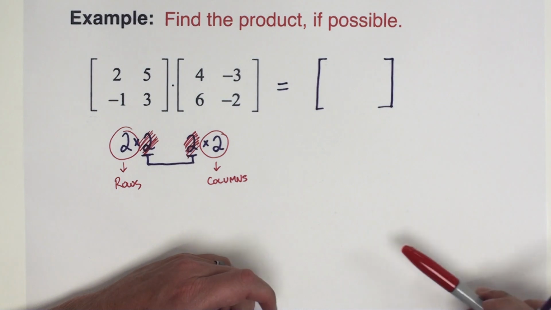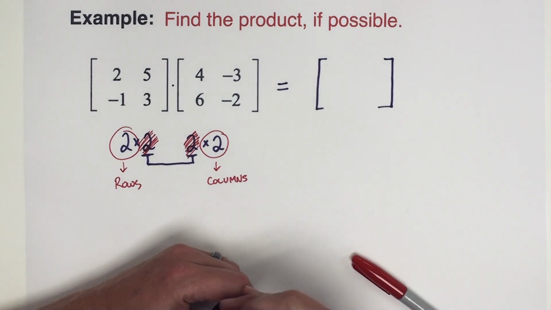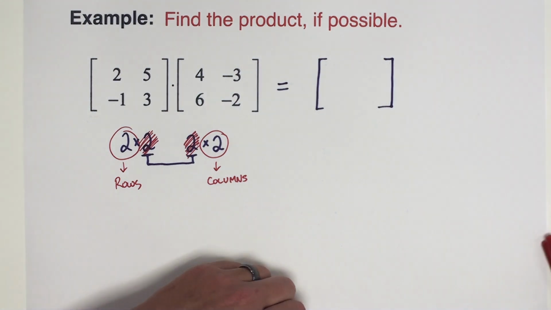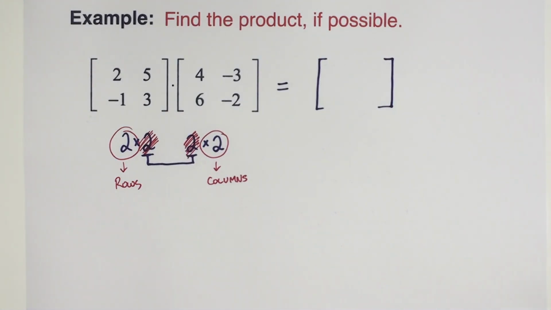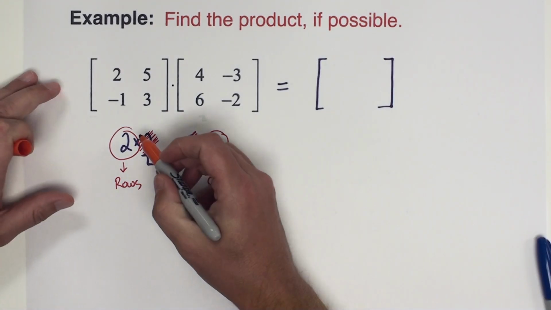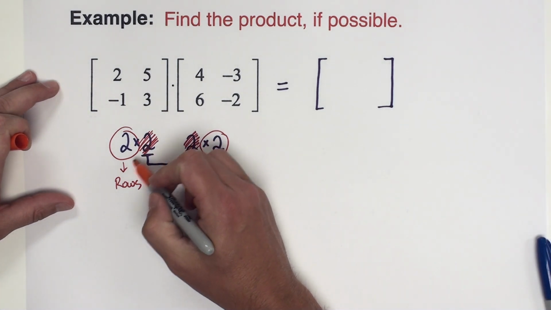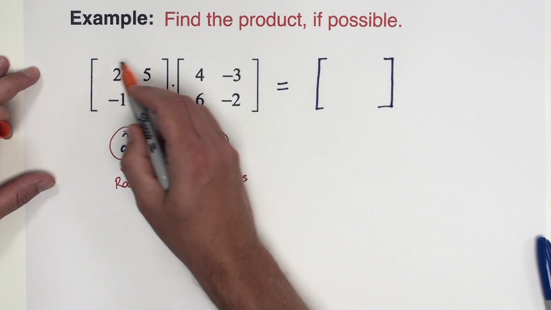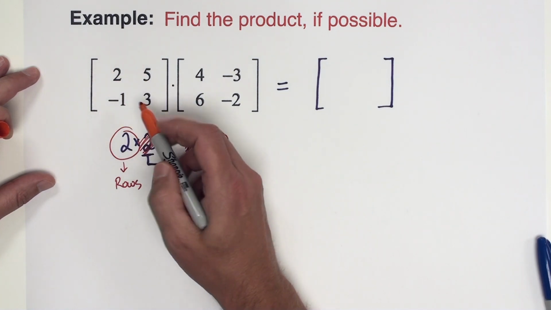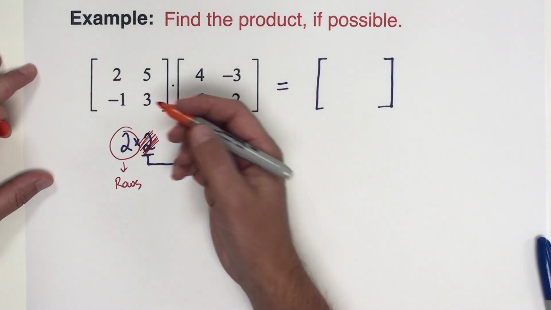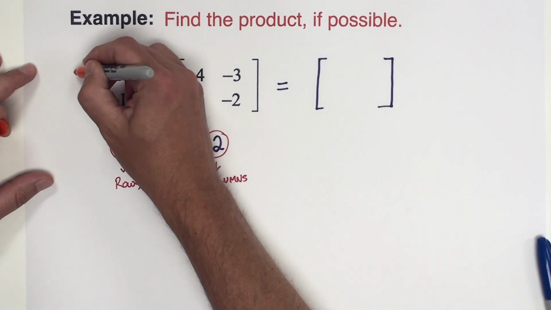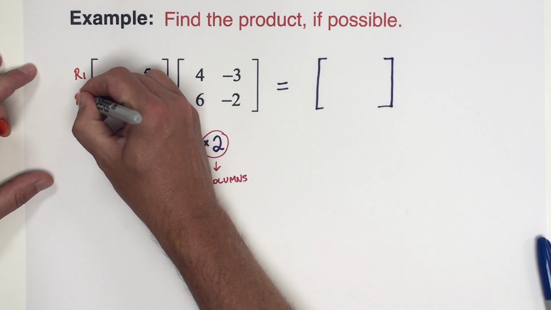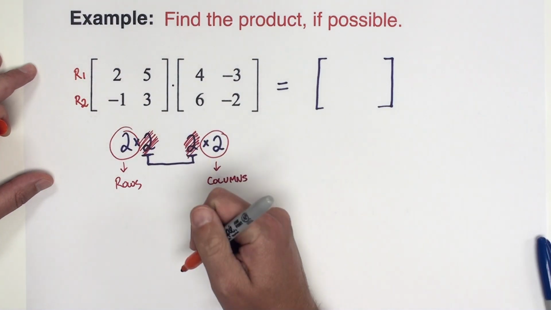For the sake of my work, I'm going to be a little bit annotative in this first example, maybe the first couple of examples, to illustrate how to do this. Since we have canceled out the column number here and kept the row number, in the matrix on the left we're going to use just the rows. I'm going to label those: this row is row 1, and this row is row 2.